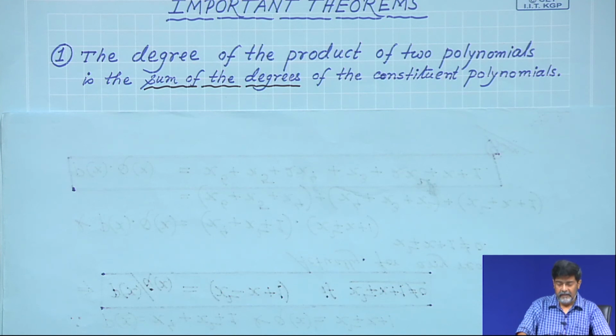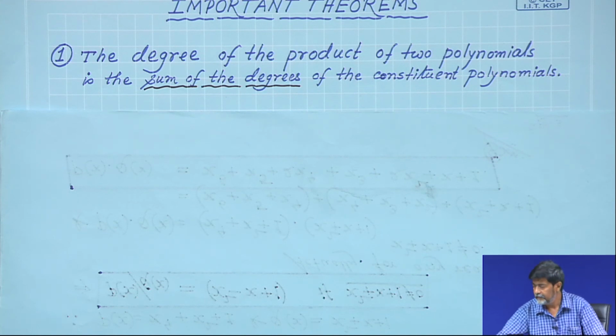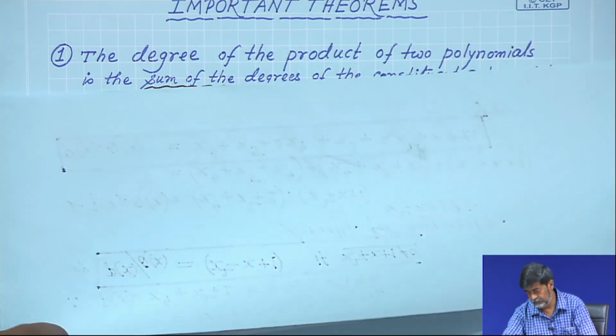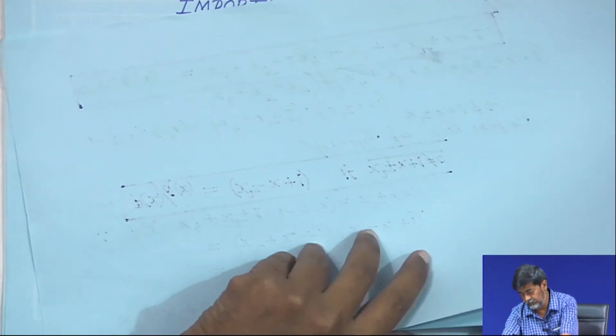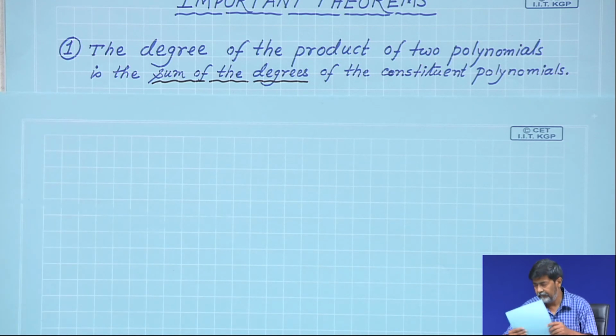Then just watch it and tell me the second theorem concerning the degree of the quotient of the two polynomials. The quotient of the two polynomials will not necessarily be a polynomial, but if it is a polynomial, then its degree is the difference of the degrees of the constituent polynomials.